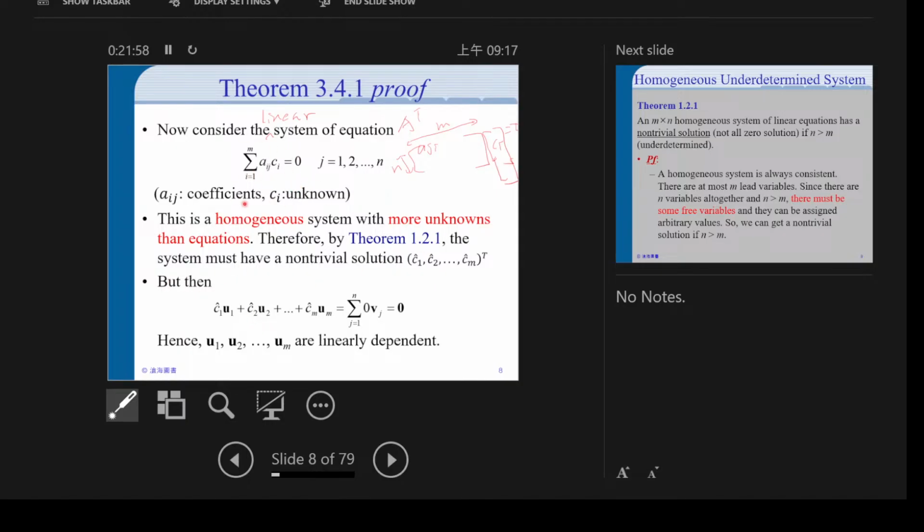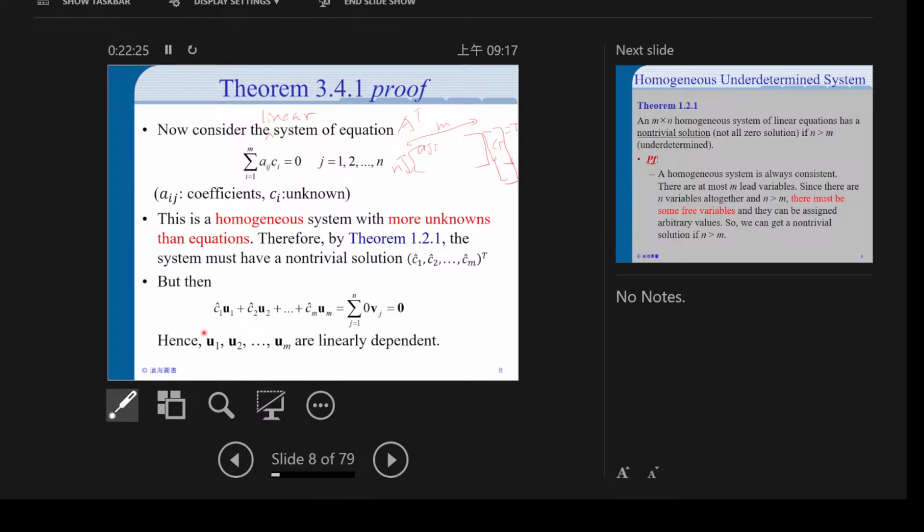So we have some non-trivial c hat such that the linear combination of u with c hat becomes the sum of 0 coefficients on those v vectors and equals the 0 vector. So we find a non-trivial solution such that the linear combination of u equals the 0 vector.